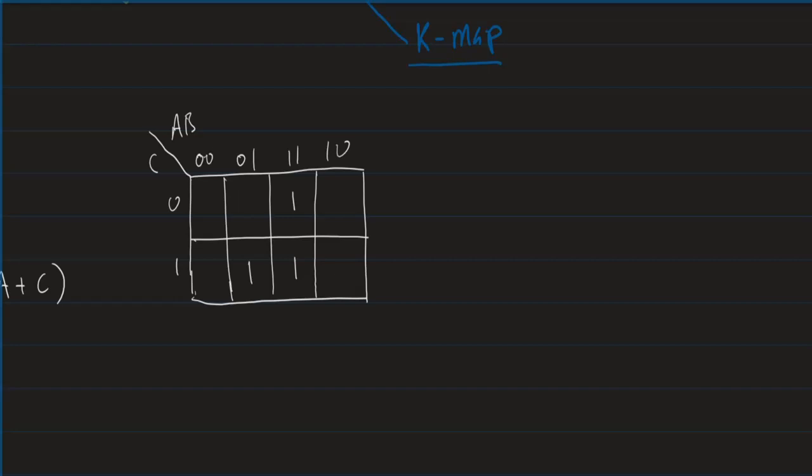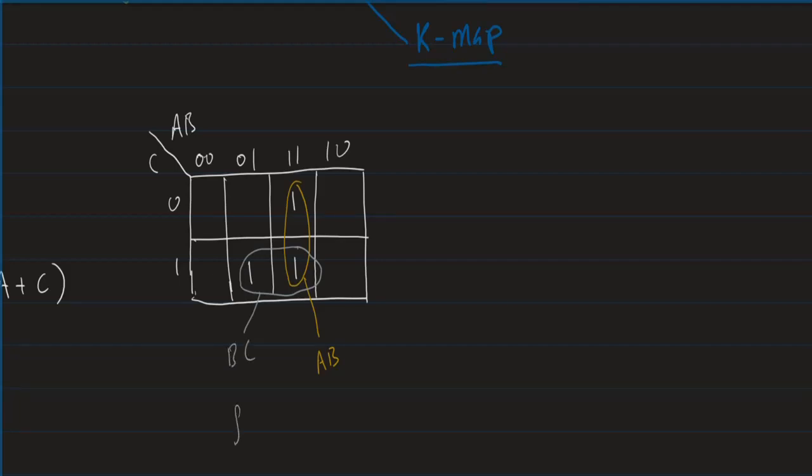So simply we can group these together, and this will give you the term AB. And I also can group these two together, and this will give you BC.